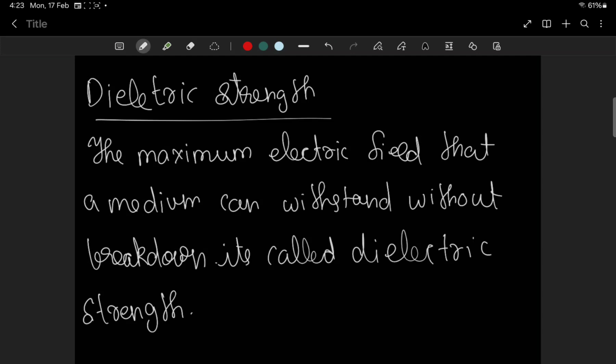That is the specific strength of each medium up to which a maximum electric field can pass through. If it goes above that, the medium ionizes. That's the meaning of dielectric strength.